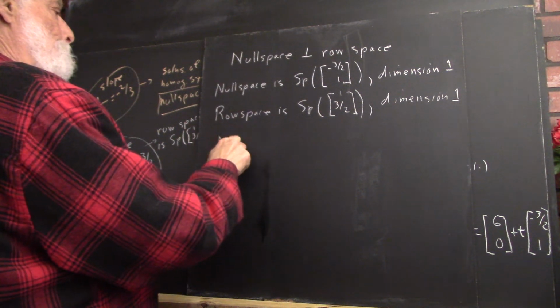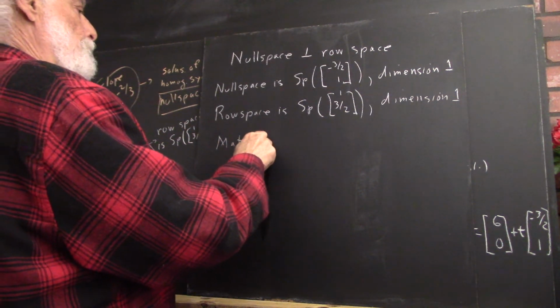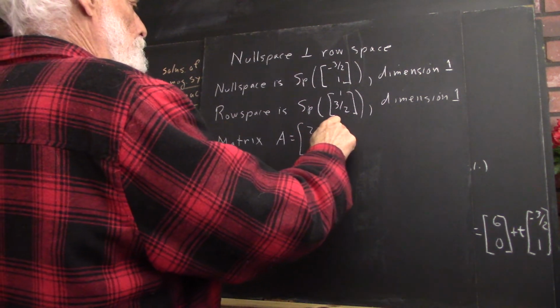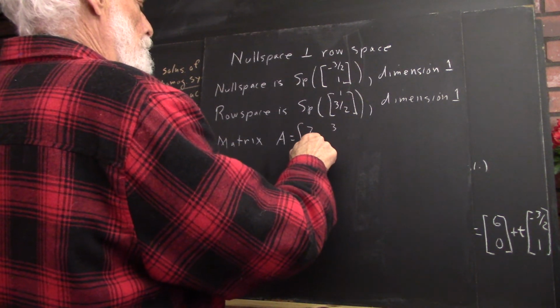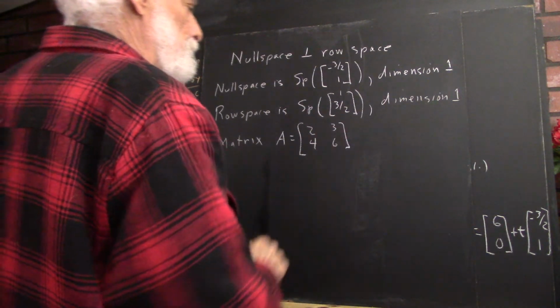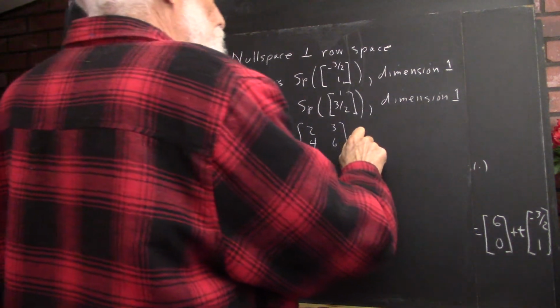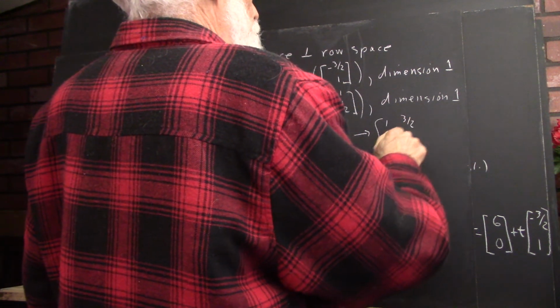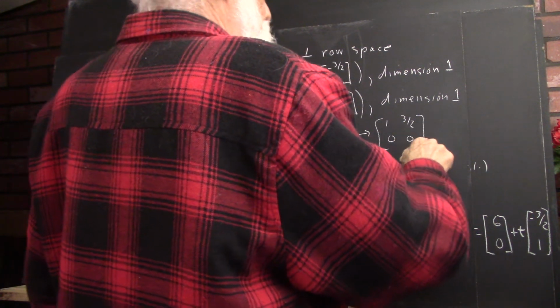The matrix is A equals (2, 3; 4, 6), which reduces to (1, 3/2; 0, 0).